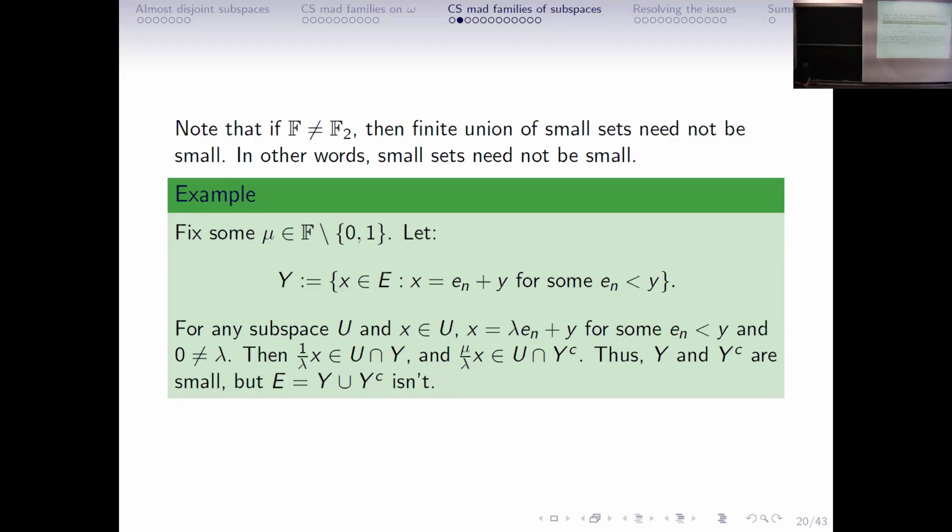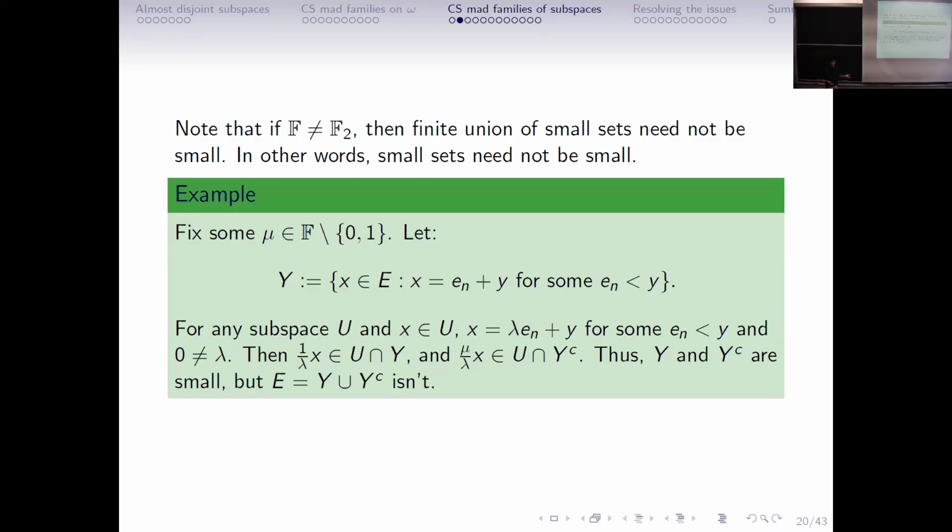And this can't contain a subspace, right? Because if I take some subspace U and some vector x, we can just divide this x by the very first coefficient, and then now the very first coefficient becomes 1. So this is now inside Y. But then, well, we can also multiply it by mu to make the coefficient not 1.